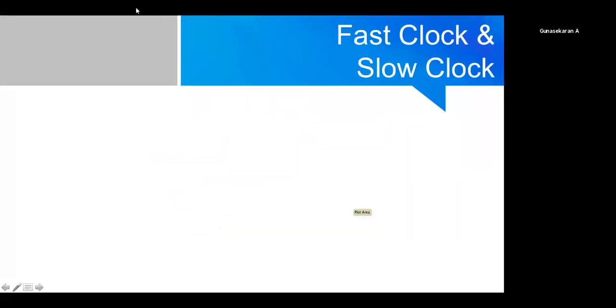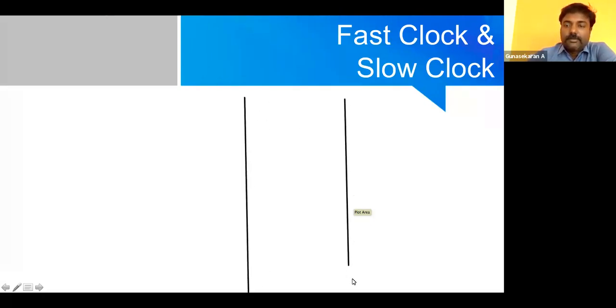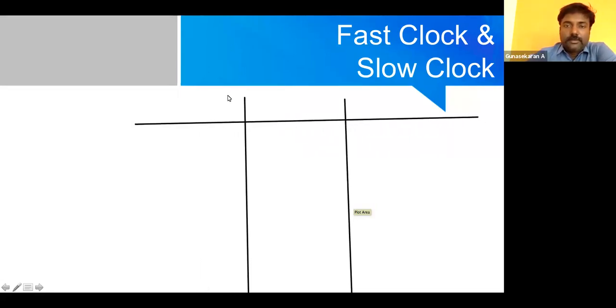So now one more concept. You first understand there is actually fast clock and slow clock. First understand the difference between fast clock and slow clock. So today is 12 o'clock.